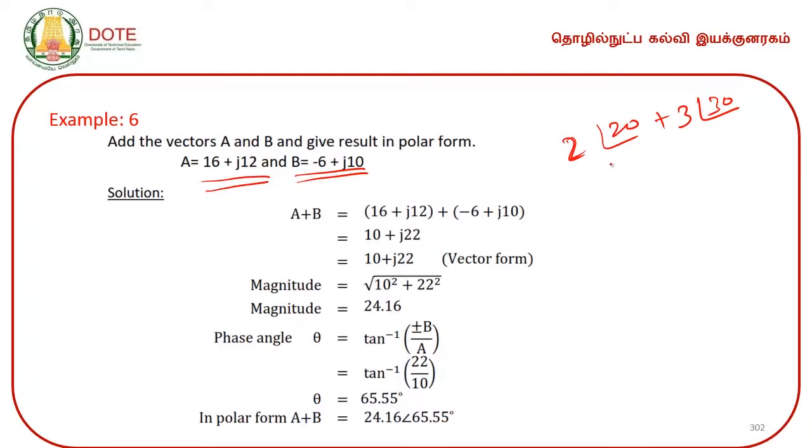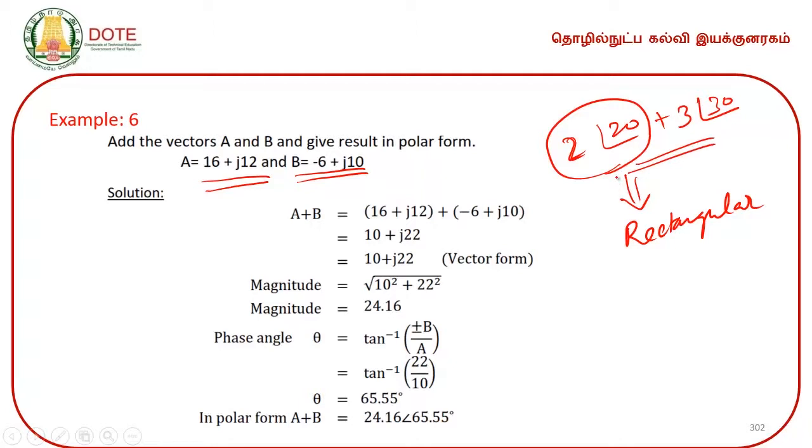So, you need to convert each polar quantity to equivalent rectangular quantity, and then only you can add the real parts and then imaginary parts respectively. But two polar quantities can be multiplied, two polar quantities can be divided. Addition or subtraction of two polar quantities is not at all possible unless you convert those polar quantities to equivalent rectangular and then perform the operation.